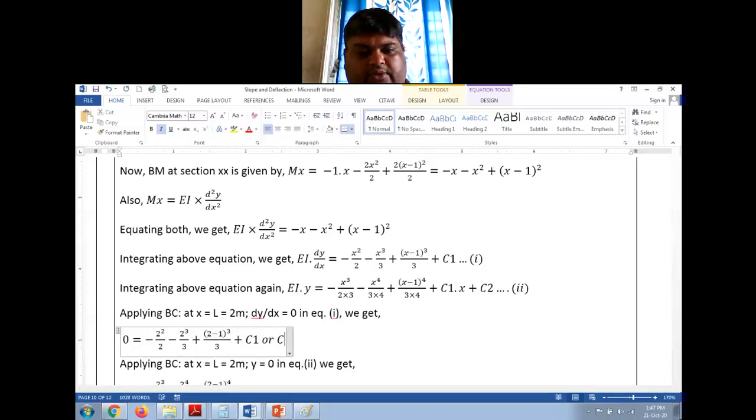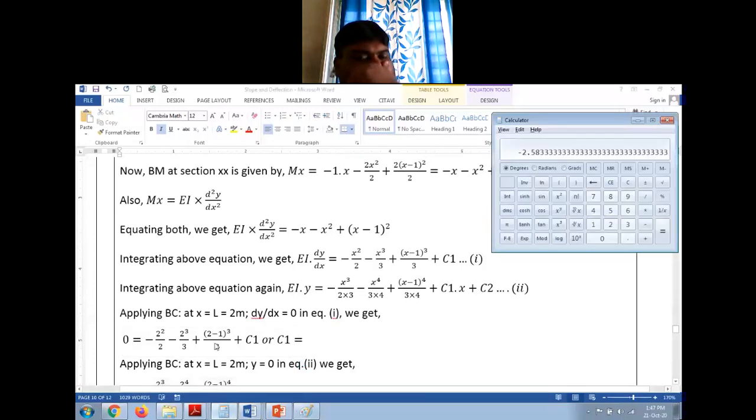Or C1 is equal. Now let me calculate C1. This is positive. 1 minus, 2 minus 1 is 1. 1 cube is 1. 1 by 3, 1 by 3 minus 2 cube by 3.